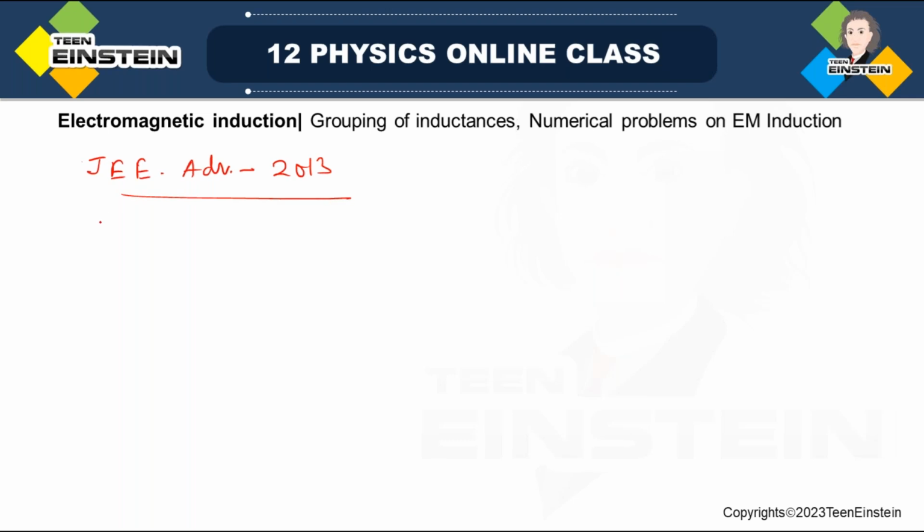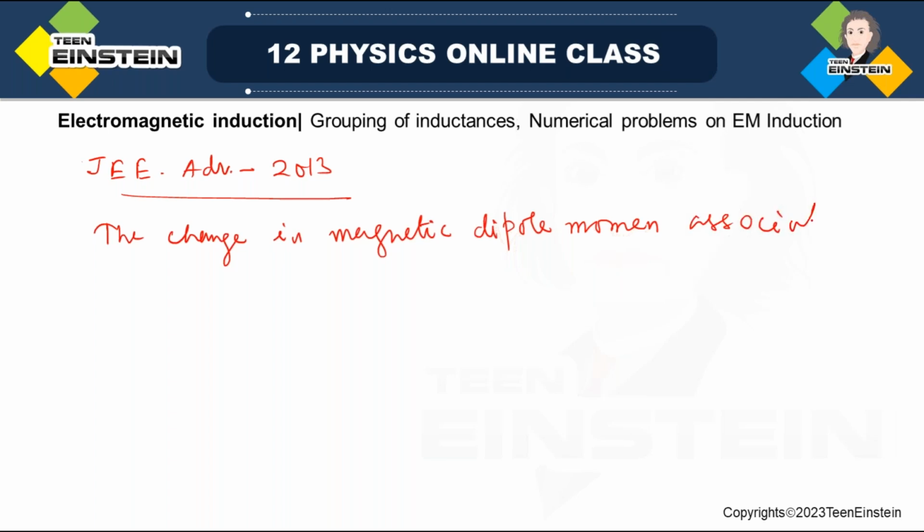The question says the change in magnetic dipole moment associated with the orbit.